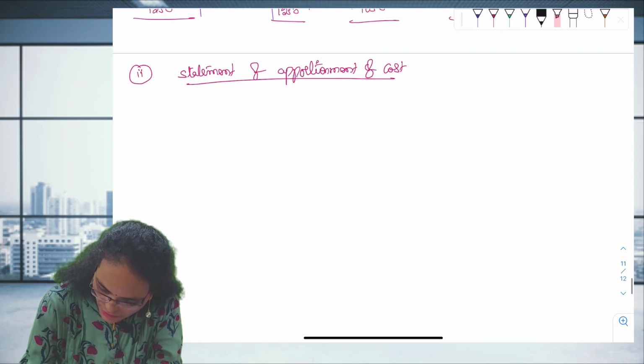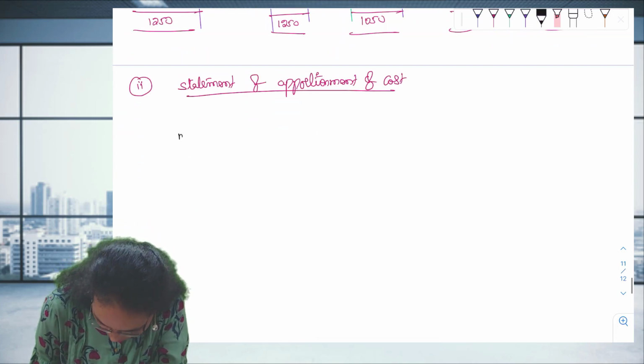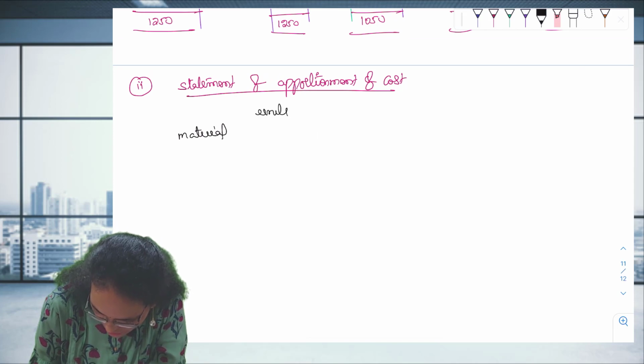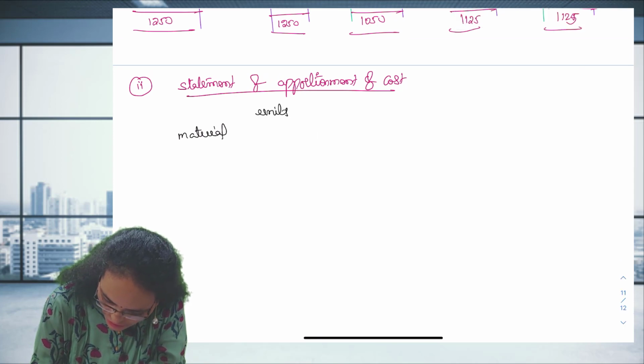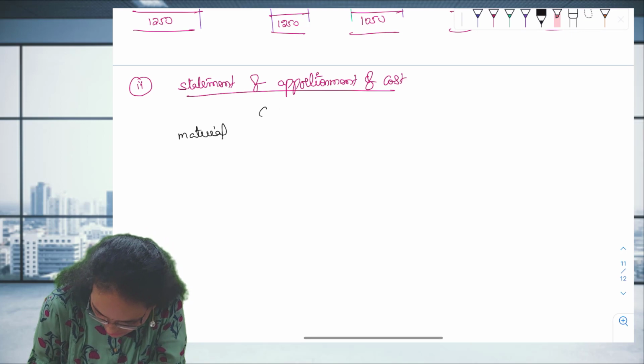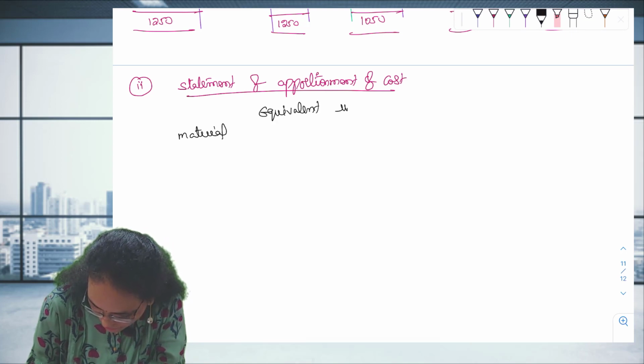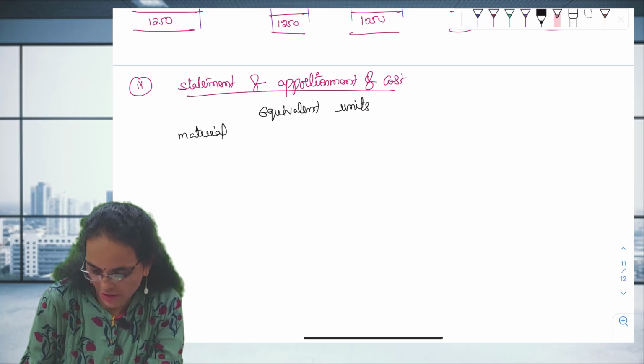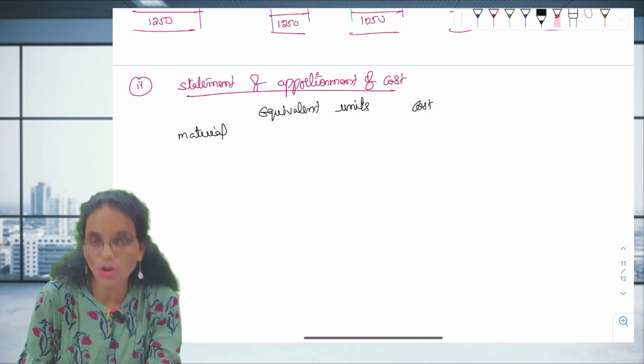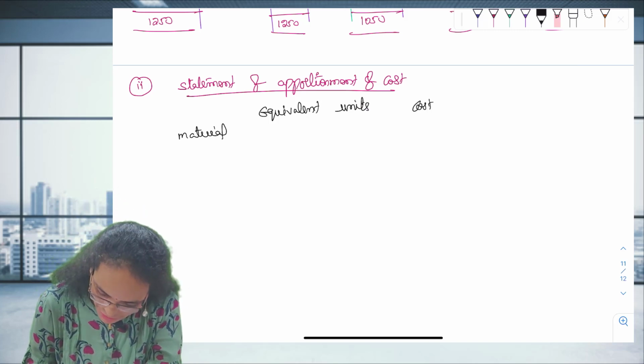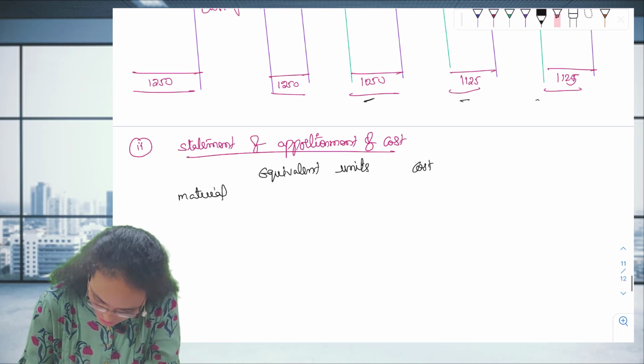Here material, how many units? Equivalent units. I will write equivalent units. And cost, how much we have incurred. These are the equivalent units.